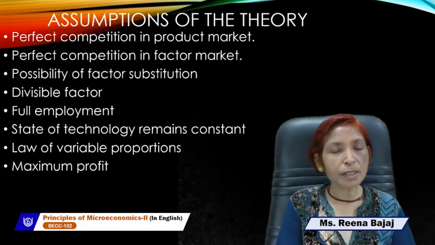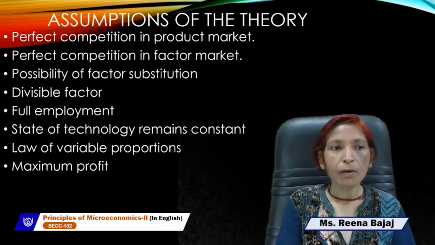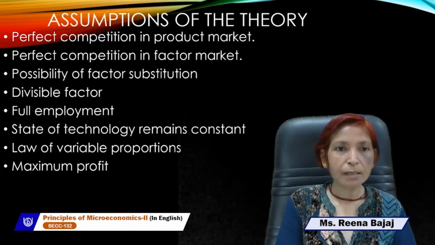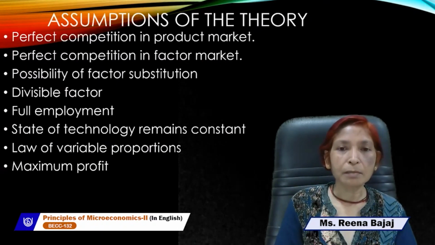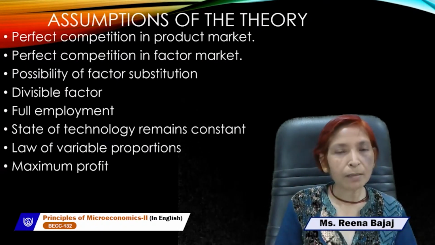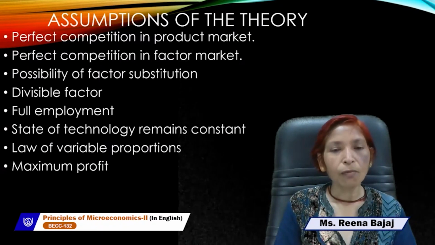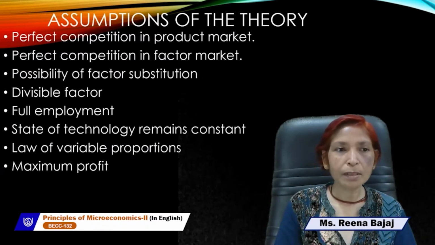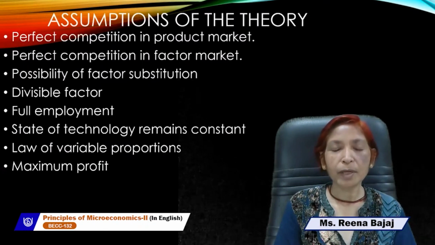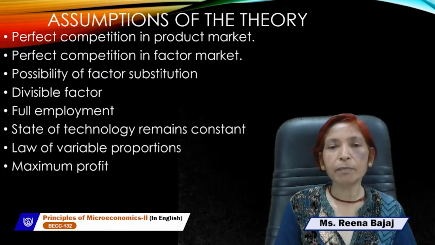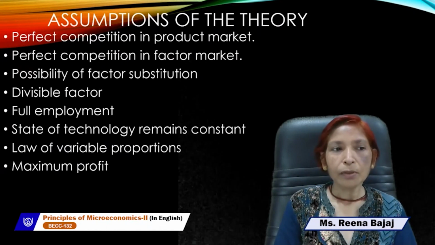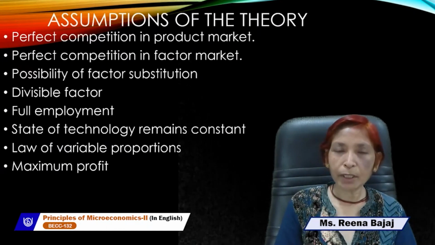These assumptions are, first, we assume that there is perfect competition in the product market. The product market is that market where products or goods can be sold or purchased. Now, you know what perfect competition is?